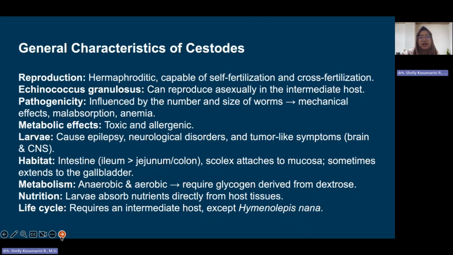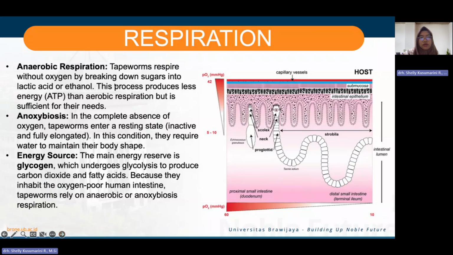And how about the general characteristics of Cestoda? We can describe this in this slide: reproduction, pathology, metabolic effect, habitat, and also metabolism and nutrition. But I want all of you to understand the respiration first. The respiration of cestoda is anaerobic, so they can respire without oxygen, breaking down sugar into lactic acid or ethanol.